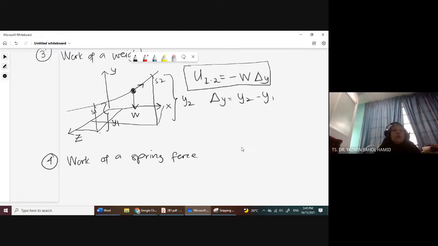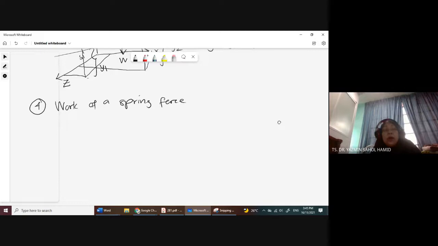Before we go to examples with all these kinds of combinations, it's important you understand each individually first. So let's go to our last type before we go to application, work of a spring force. Do you know what a spring is? This is an example diagram of a spring. Let's say this particle has a push force spring here.